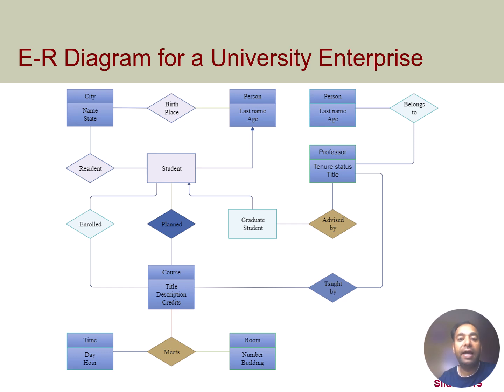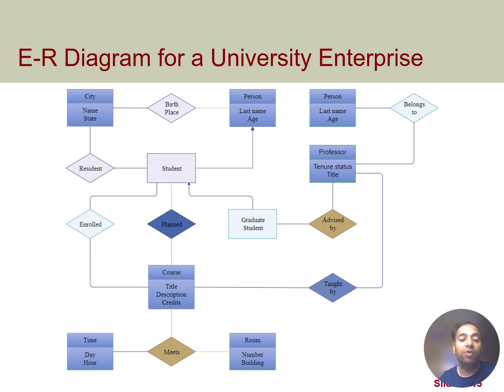Example, student and professor. Next entity is student, a subtype of person linked to city through the birthplace relationship, graduate student through generalization or specialization, course through the enrolled and planned relationship, and professor through the advised by relationship.